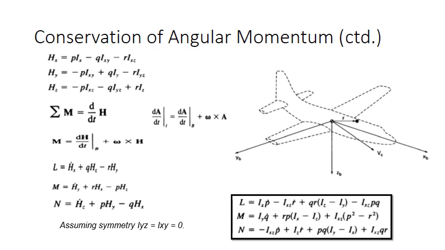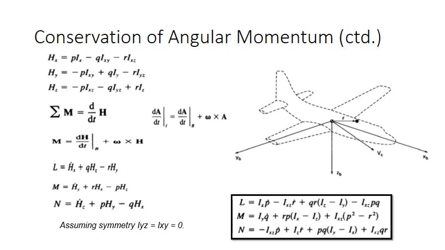The outputs of the conservation of angular momentum equations will be P, Q, and R, which are the body axis components of the angular velocity vector.